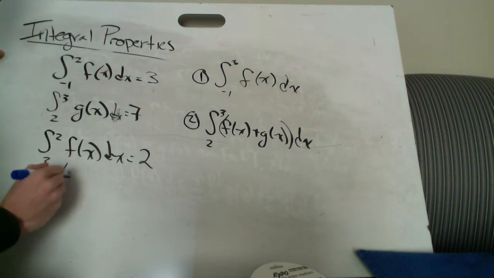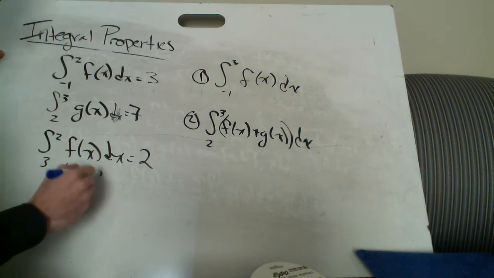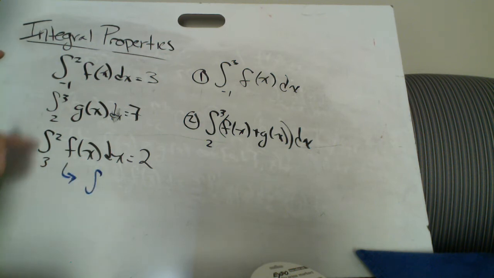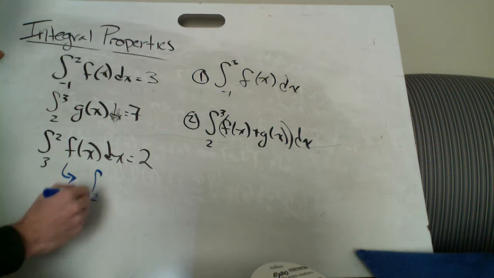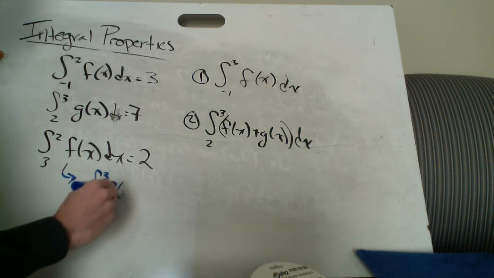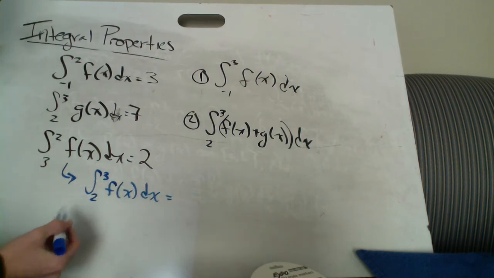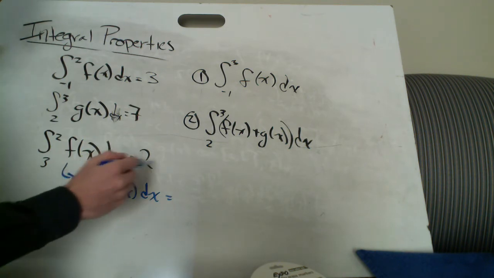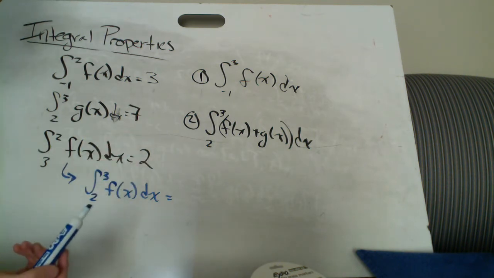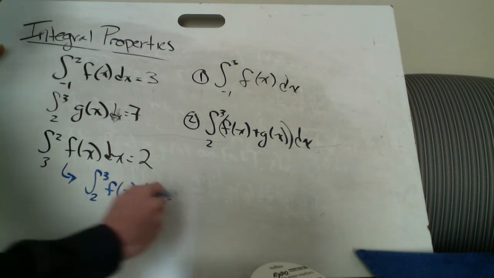So we remember one of our properties says that if you change the order of the bounds, if you flipped this, instead of being from 3 to 2, you made it from 2 to 3, reversing the order you go just makes this negative instead of positive, or positive instead of negative, or keeps it at 0.